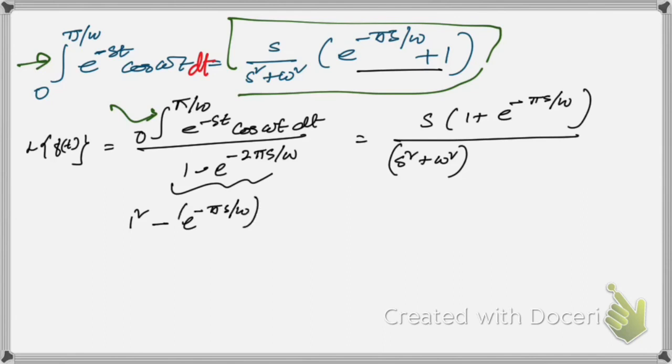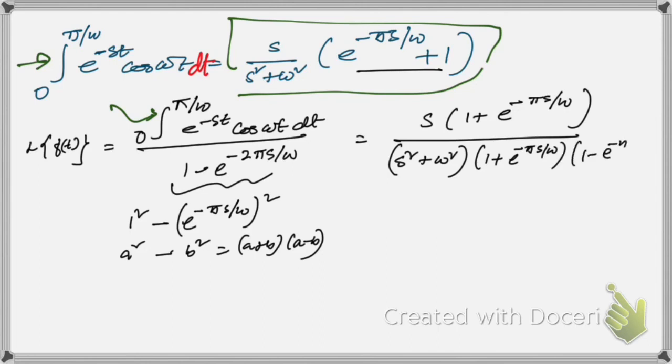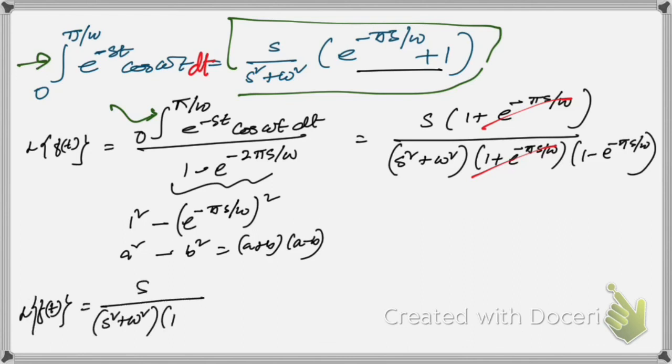And writing in this form, we apply the a square minus b square formula, that is equal to a plus b into a minus b, right? So if you apply that, then here we will get 1 plus e to the power minus pi s by omega into 1 minus e to the power minus pi s by omega. So these two will cancel each other out, so our final result is this. So this is the Laplace transformation of the given function.